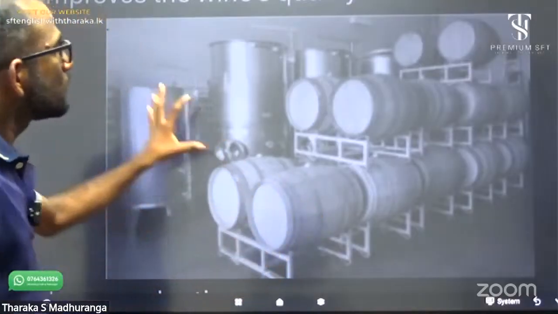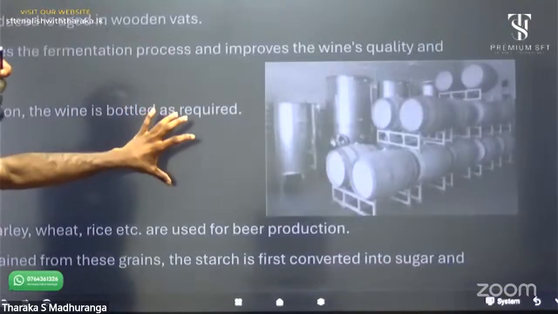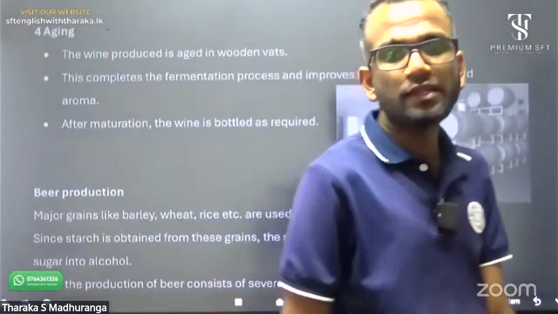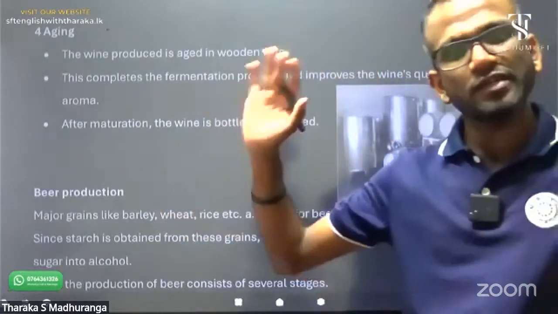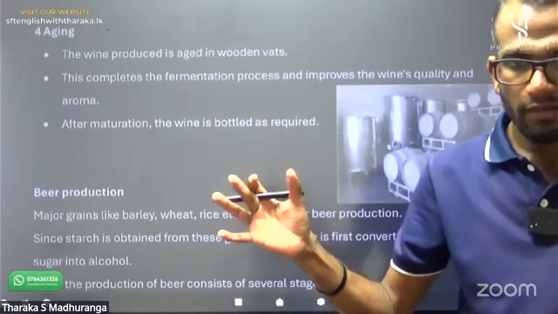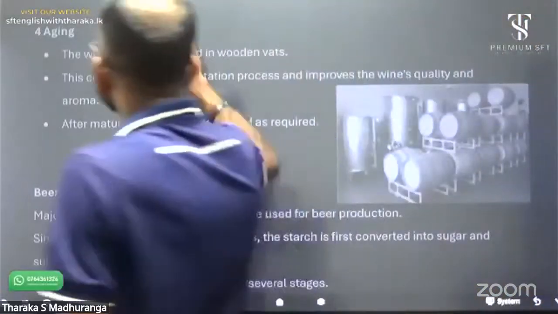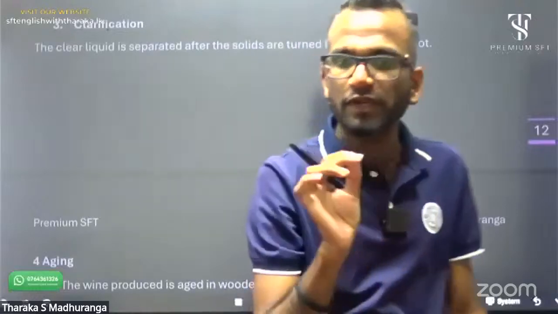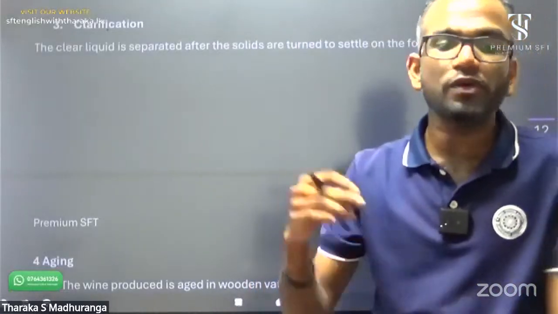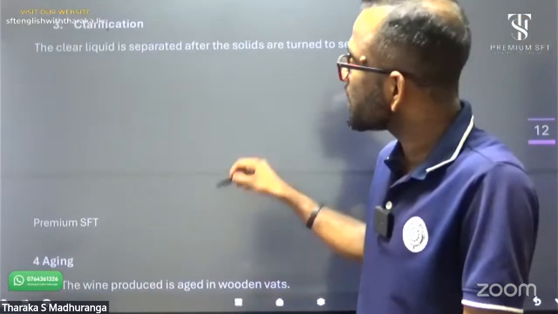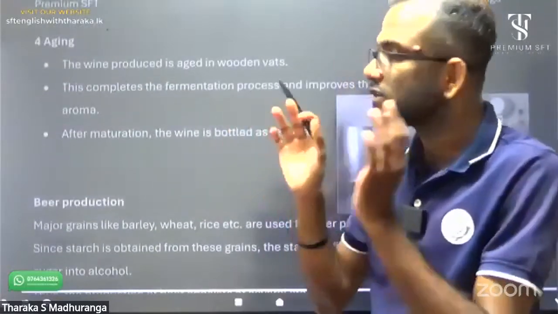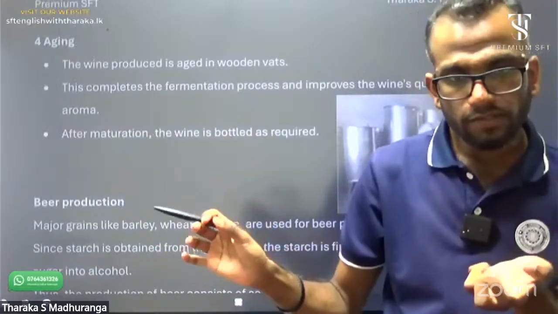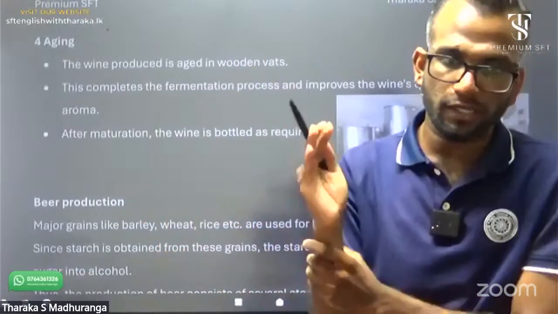We have to fill the already produced wine into wooden barrels and keep it 6 months, 1 year. That's for aging. When it is filtered, it doesn't have the specific required taste or smell. To get the wine's specific taste, color and all characteristics, we have to keep it for some time for aging.